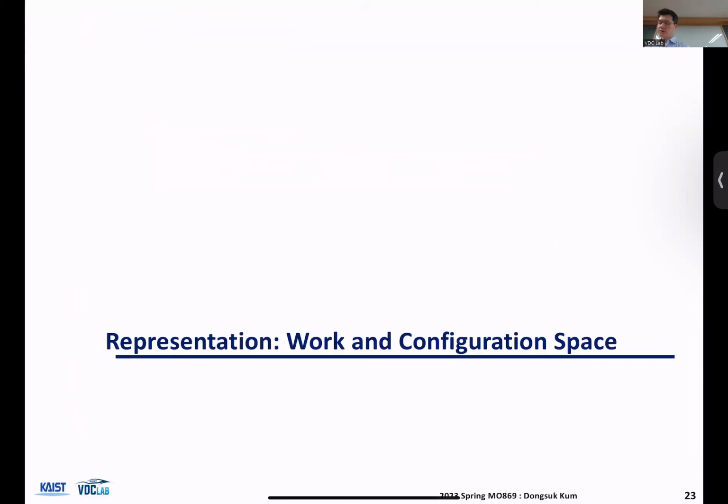So far we talked about architecture and each layer within the architecture, and now let's move on to representation. We talked about coordinates, but here we are going to introduce representation so that we have a common language.